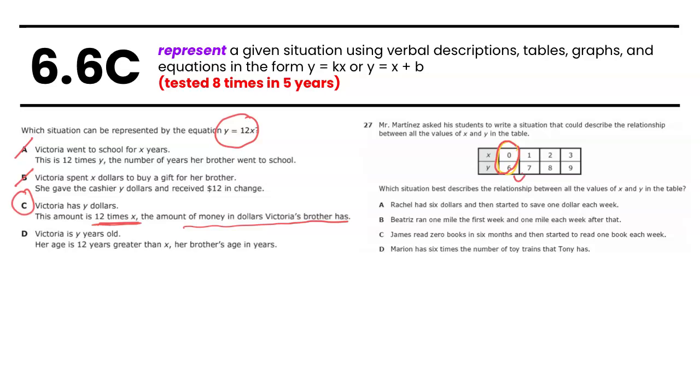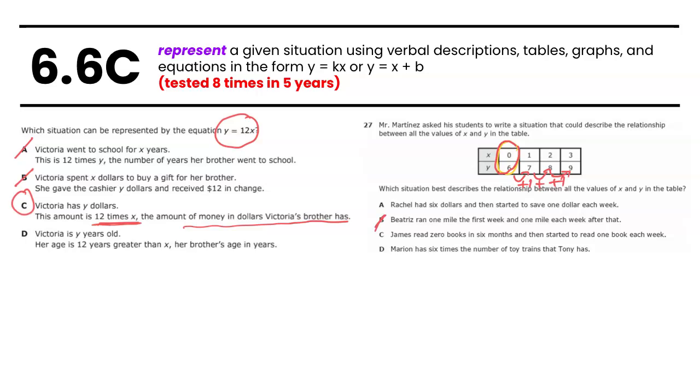And we can see that the increase is going to be adding 1 each time to whatever the y values represent. And so reading through these answer choices, you'll see that letter B says that Beatrice ran 1 mile the first week. Well, that's true, but it doesn't say anything in letter B about her having already run 6 miles. And so letter B cannot be correct.